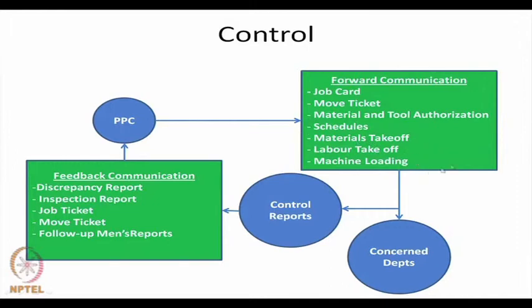All these are planned and sent to concerned departments, and then at different points of time the actual progress is reported in the form of reports, discrepancy reports, inspection reports, job ticket, move ticket and follow up reports. These are available, on the basis of which production planning keeps a control on the activities.